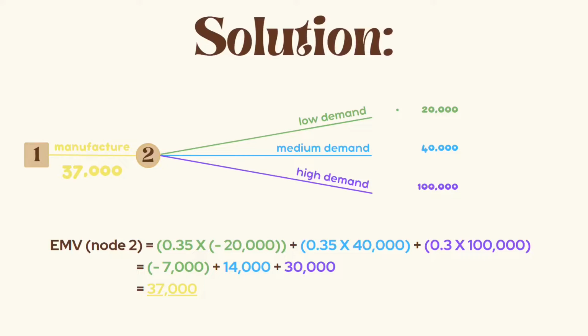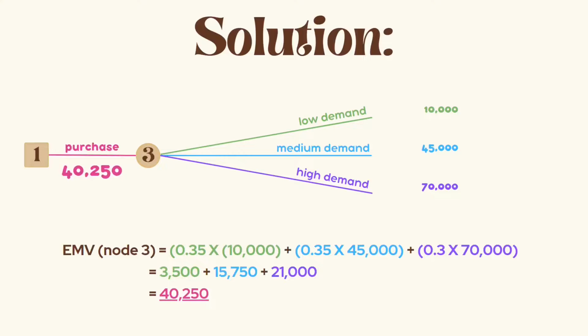Now, let's calculate the expected payoff if the company were to purchase the accessories needed. To calculate, the expected payoff is 35% times 10,000 for low demand plus 35% times 45,000 for medium demand plus 30% times 70,000 for high demand.